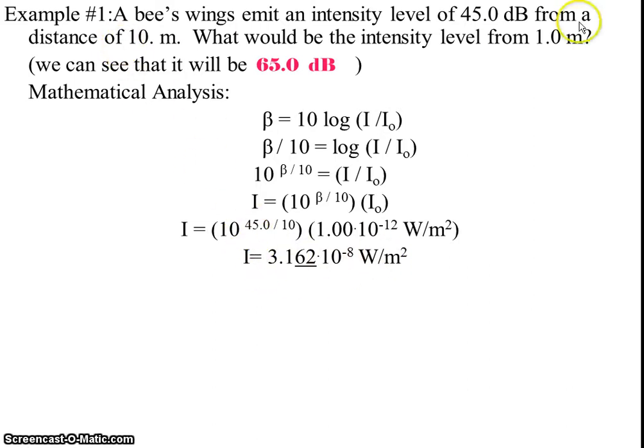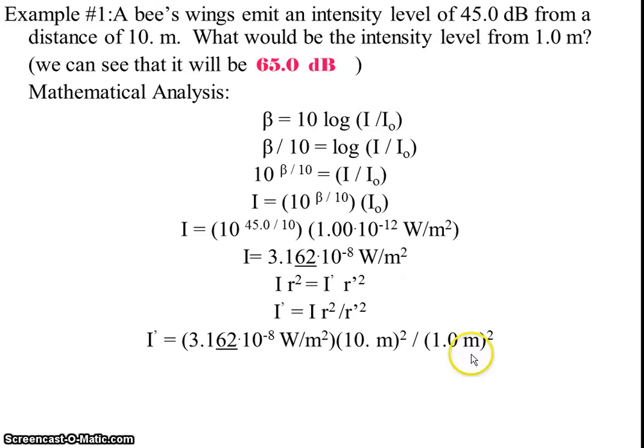Now we need to find the intensity at 1 meter. Again, using this equation here, we're going to find the new intensity. It's going to be the intensity that it currently is times 10 squared divided by 1 squared. And you notice that it goes up by a factor of 100, which is what we said. So it goes from 10 to the negative 8 to 10 to the negative 6.